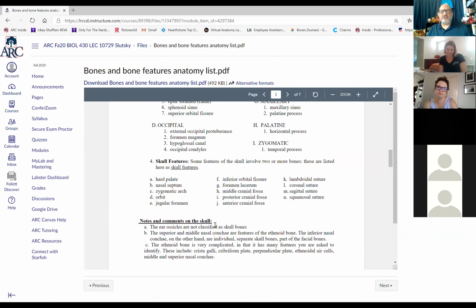For these skull features, not only do you need to be able to identify the individual skull features, but you also must know, let's actually switch this back to the whiteboard.